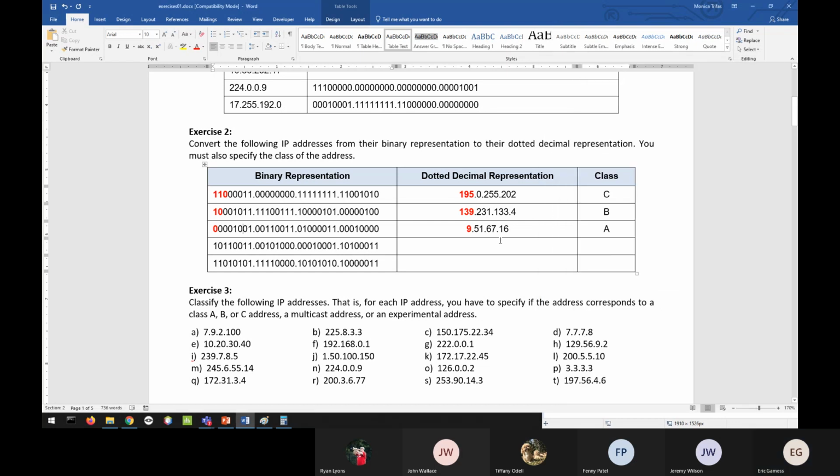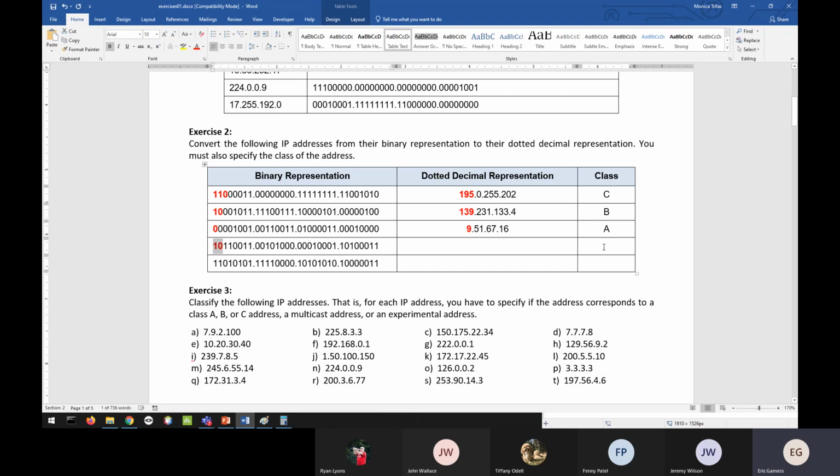Okay? Well, to determine the class, I can determine the class without converting to the dotted decimal notation. What will be the class here? It will be B. Why? Because it starts with 1, 0.